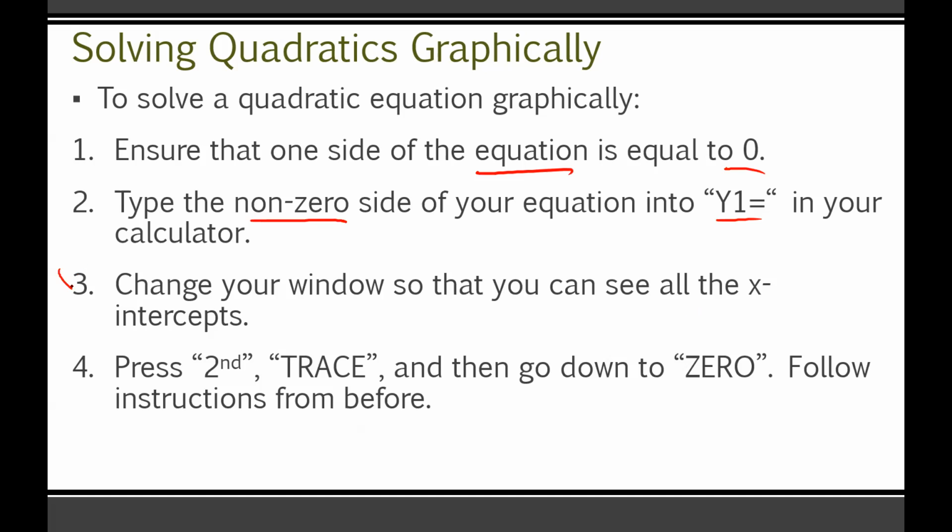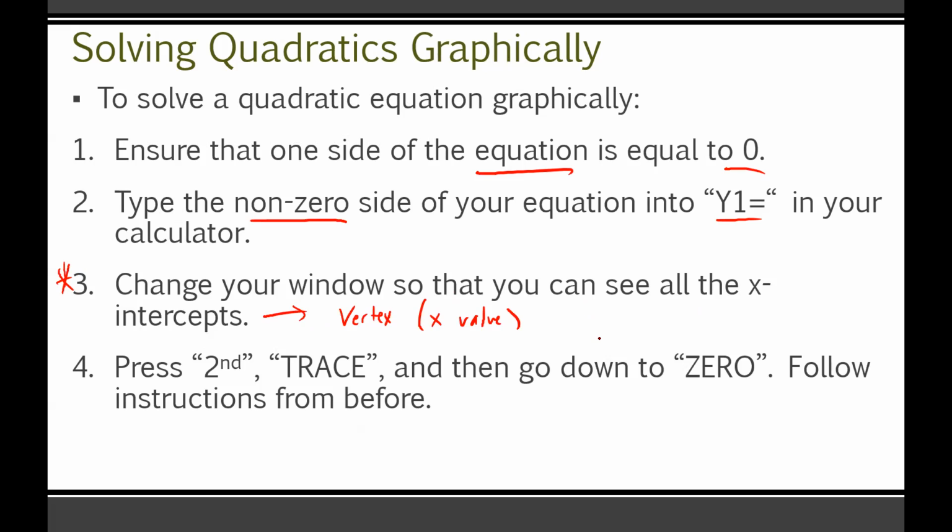That part is honestly the toughest part of all. There's not really a rhyme or reason on how you do it. You just have to play around with your window settings and see where you can find it. I guess the only hint I can give you is it might help to find your vertex. And by the vertex, I literally just mean the x value of the vertex. You don't need the y value. But if you find the x value of the vertex, generally speaking, it's right in between your two x-intercepts.